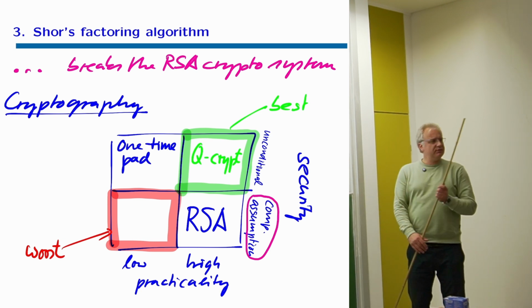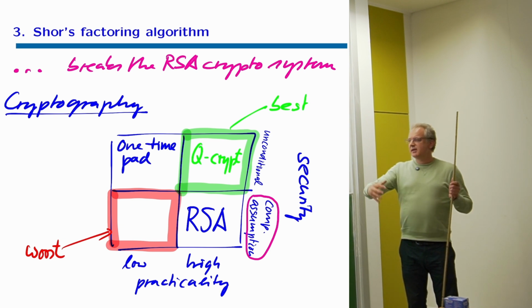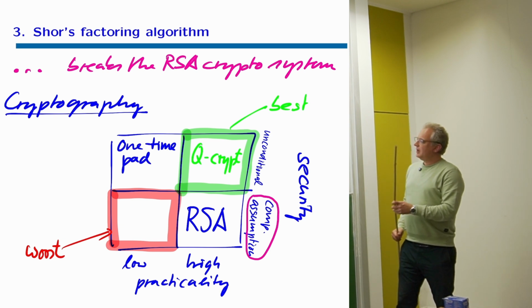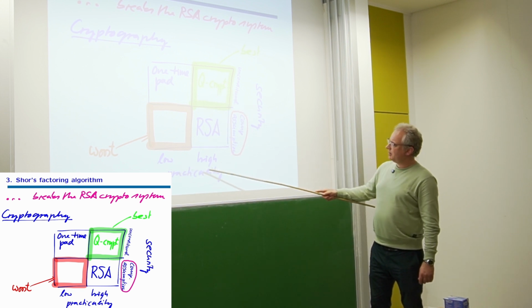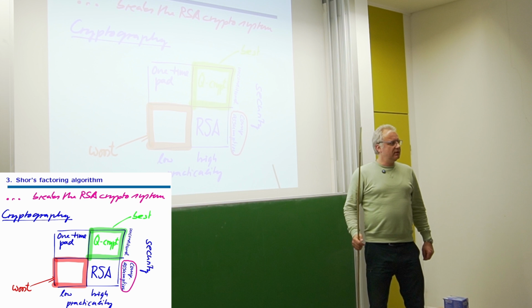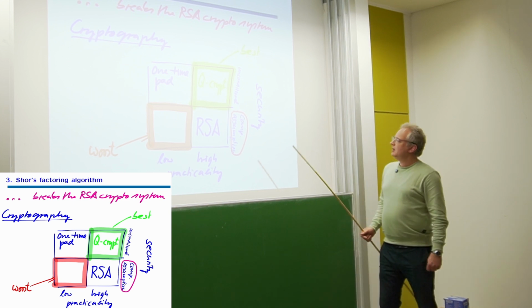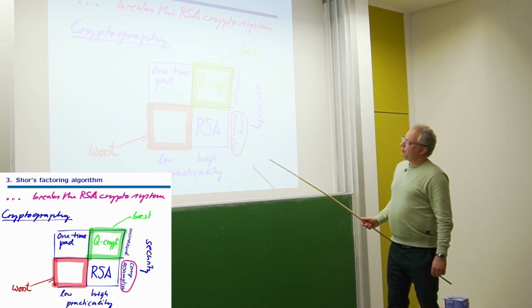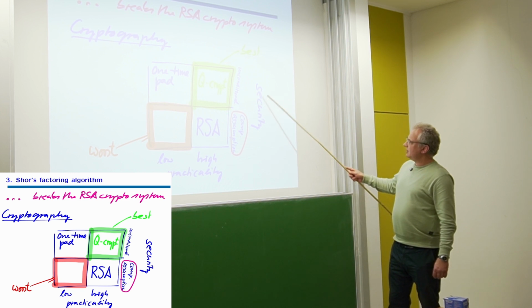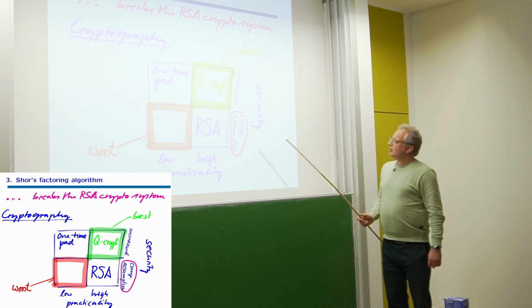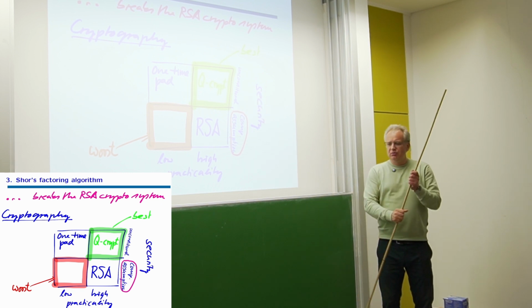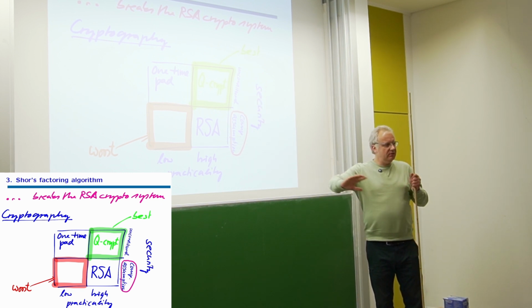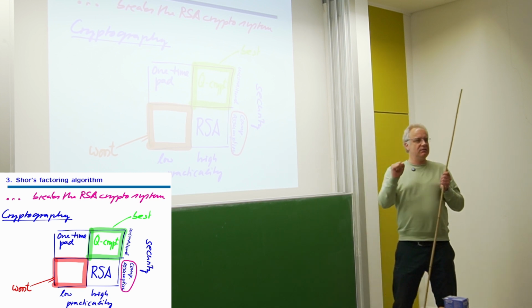So this is cryptography. You want to send messages secretly. There are four boxes here, and they correspond to two quality parameters that we would want. One is security, and what we have here is unconditional security. There's fundamentally no way to break it in theory.